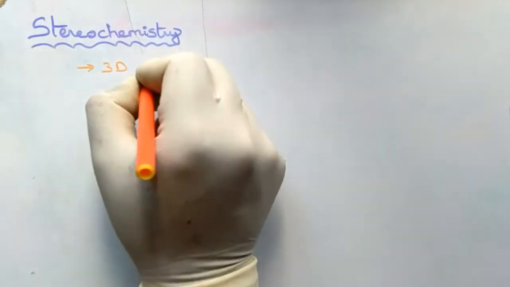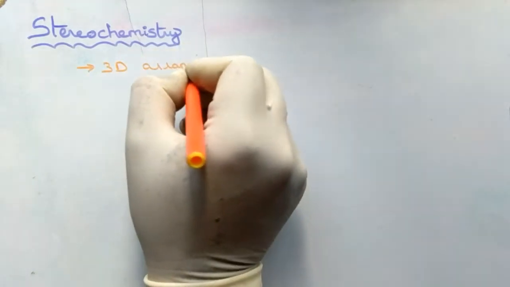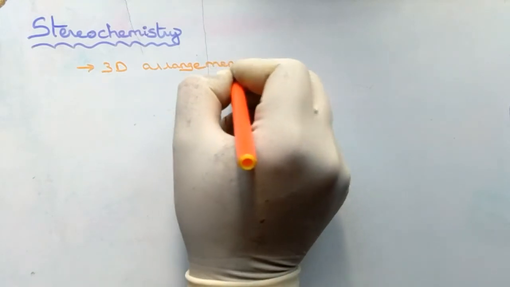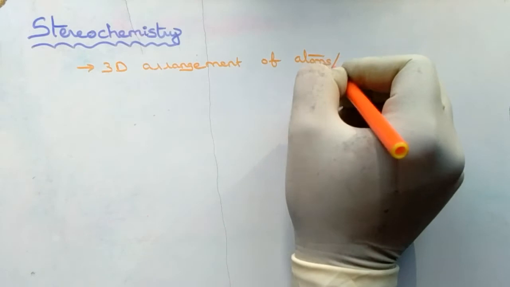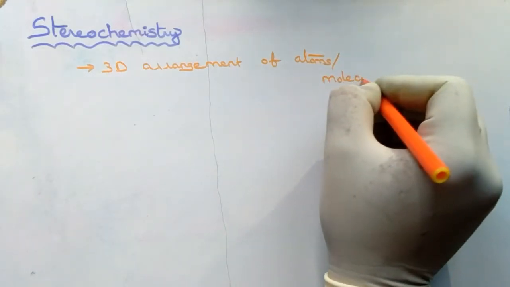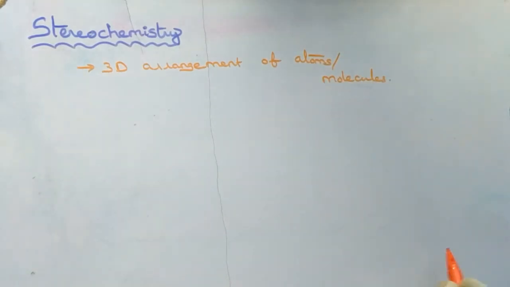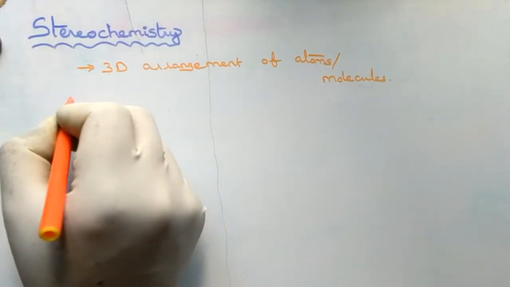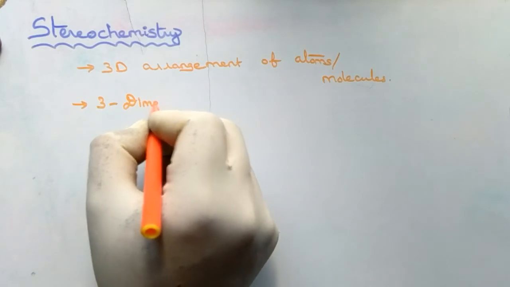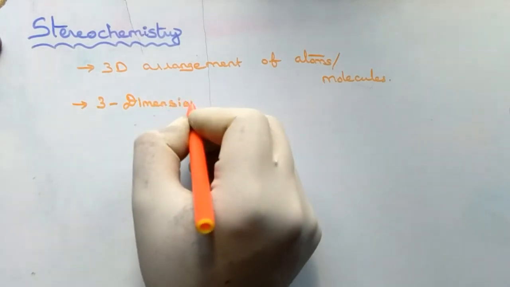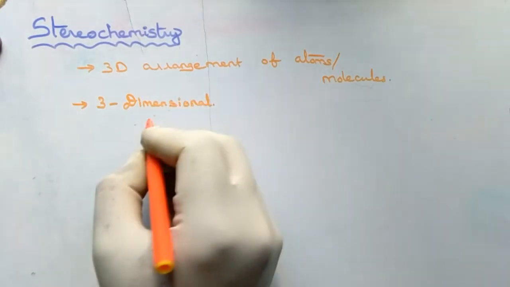Next, we are going to see about stereochemistry. Stereochemistry is the subdivision of chemistry which is used to study the 3D arrangement of atoms or molecules. So what is 3D? 3-dimensional is simply denoted as 3D.